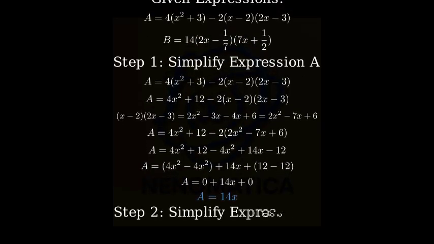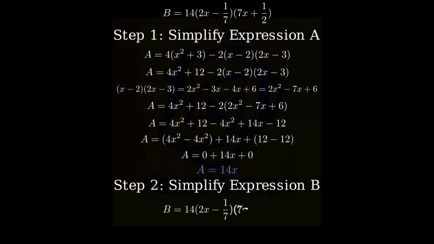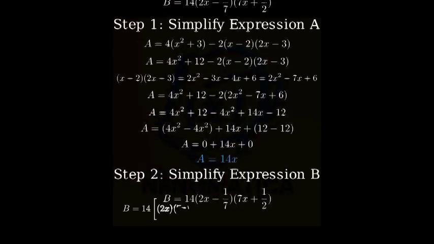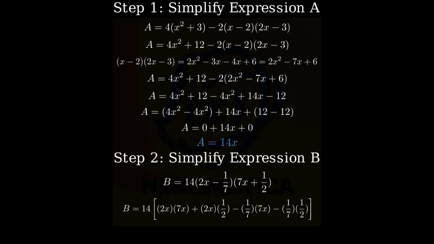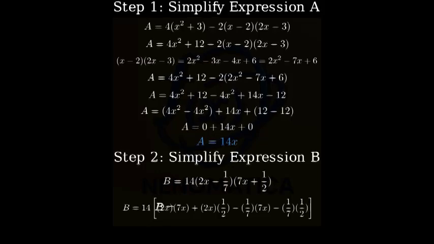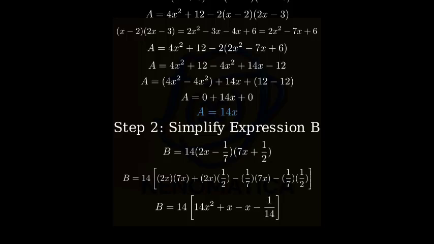Now, let's simplify expression b. We'll multiply the binomials inside the parentheses using the distributive property. We get 14 times the quantity 2x times 7x plus 2x times 1/2 minus 1/7 times 7x minus 1/7 times 1/2. This simplifies to 14 times the quantity 14x squared plus x minus 1/14.